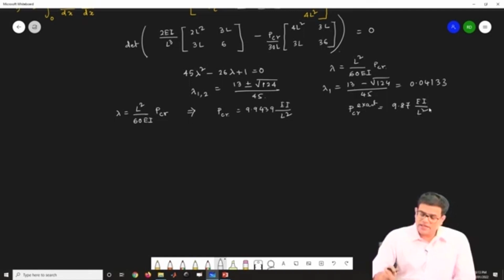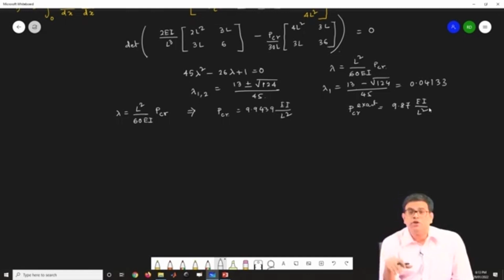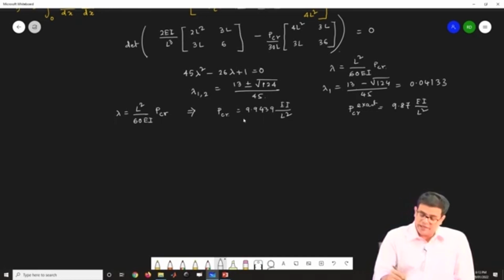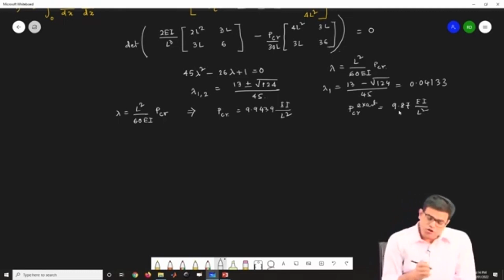If you look carefully, the critical buckling load is approaching from the top. That means this load is higher than the exact load. So, we can use it for design. We will always be on the higher side. It is important that if we take the approximate solution from the higher side, this load will always be a safer buckling load compared to the exact load, because the exact load is less than the approximate load.